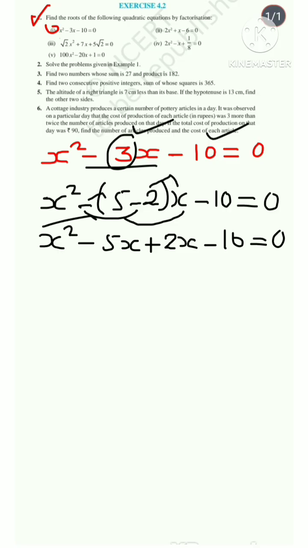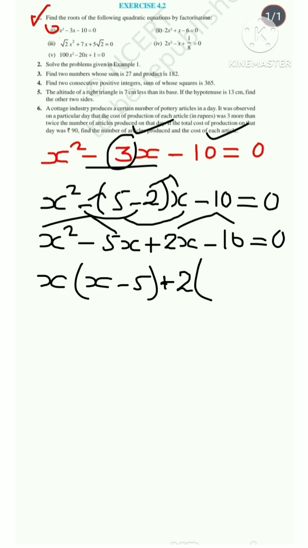Now from this pair x is common, and here remains x minus 5, plus, now from this pair 2 is common, and here remains x minus 5, equal to 0.